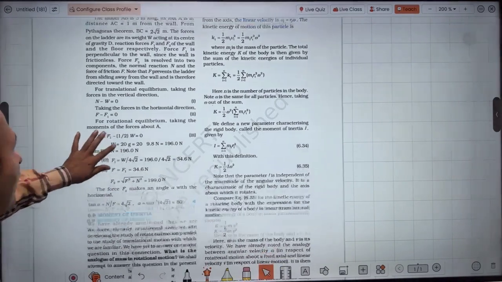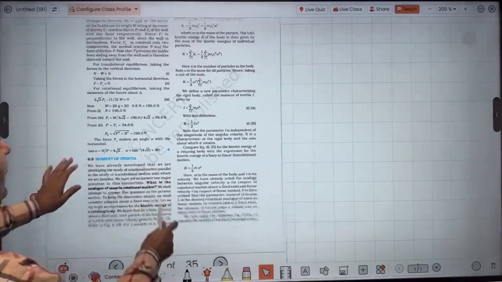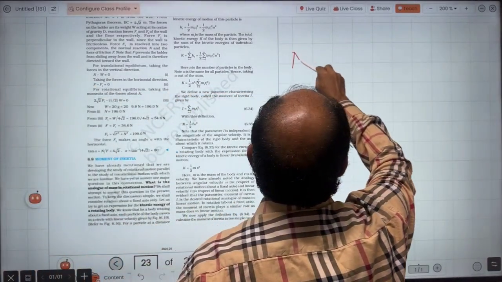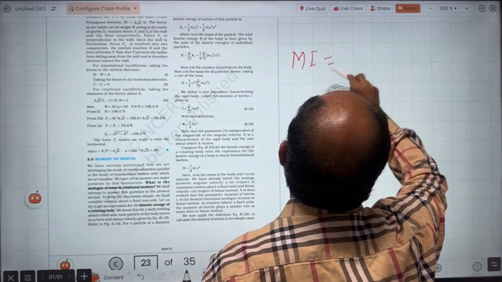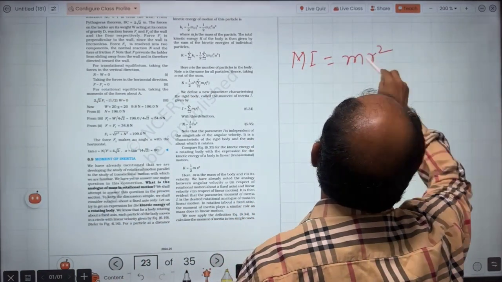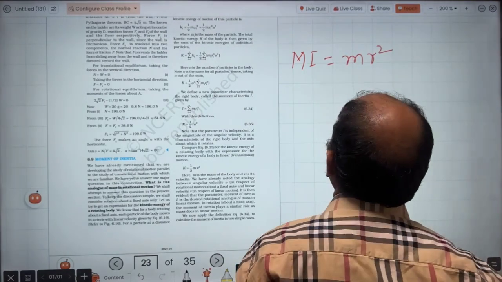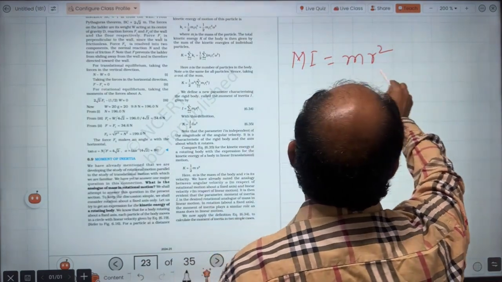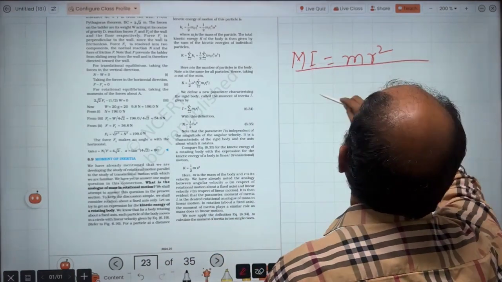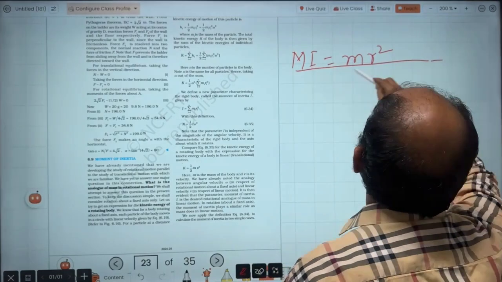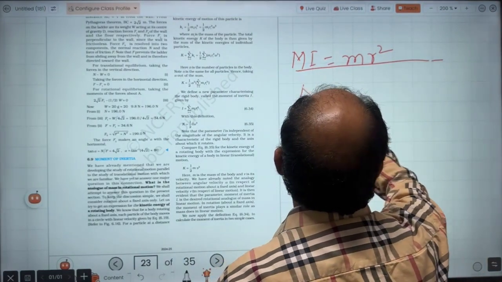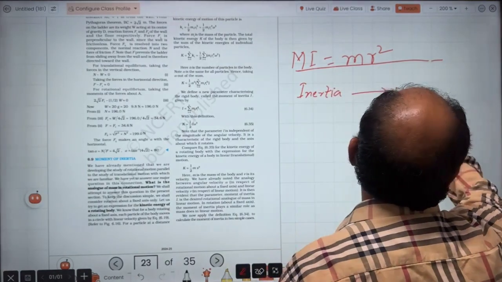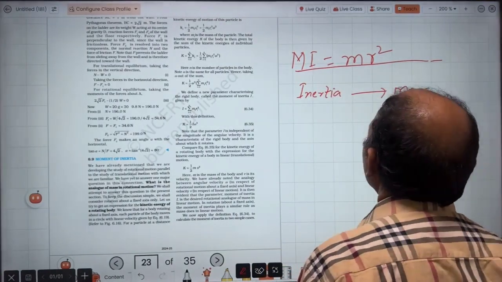Then comes the next concept, that is called moment of inertia. So moment of inertia, MI, is equal to mass times distance square. It is generally denoted as I. If we write the similarity between translational motion and rotational motion, inertia will play the same role as mass plays, right?